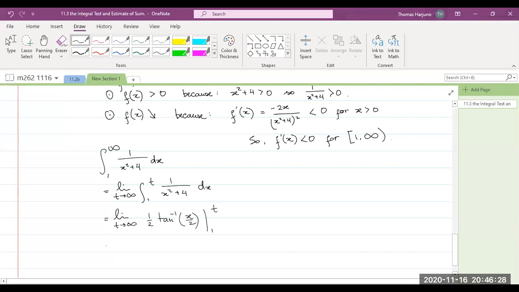That is equal to 1/2 times the limit as t goes to infinity of tangent inverse of t over 2 minus tangent inverse of 1/2.